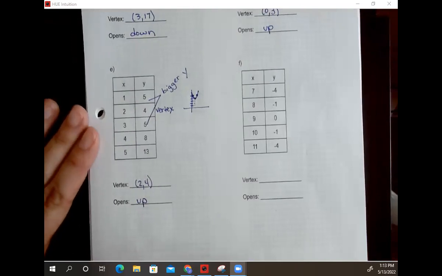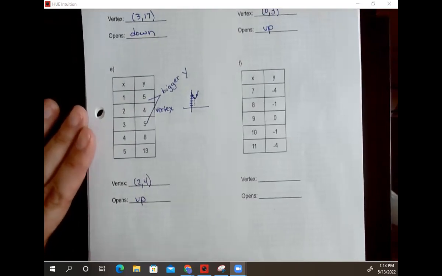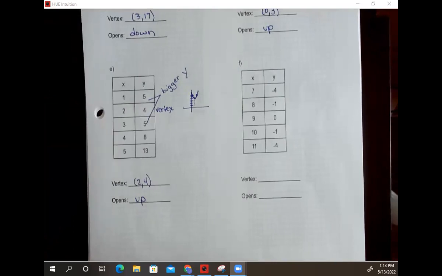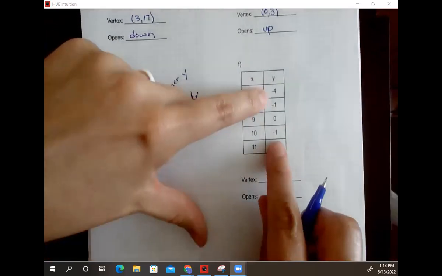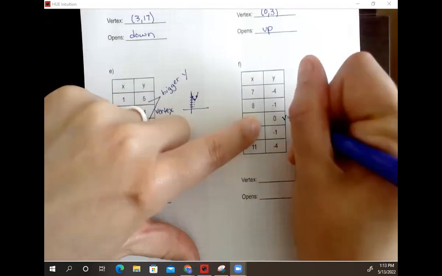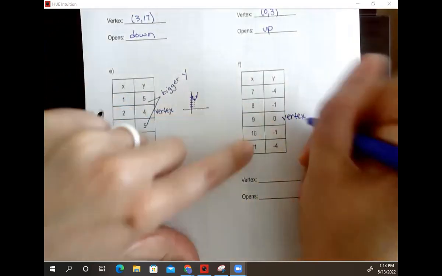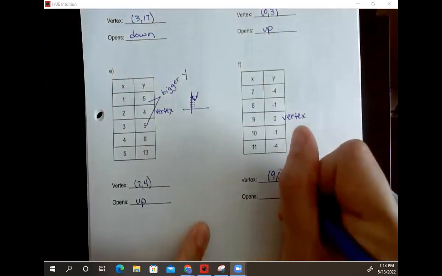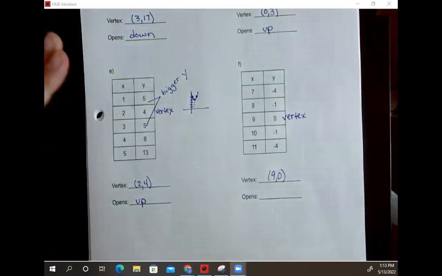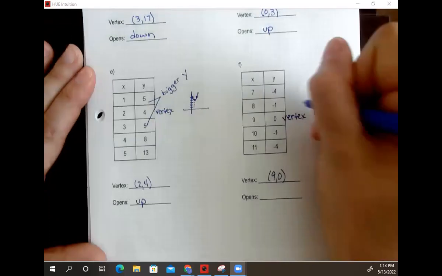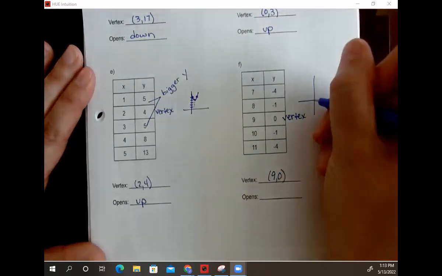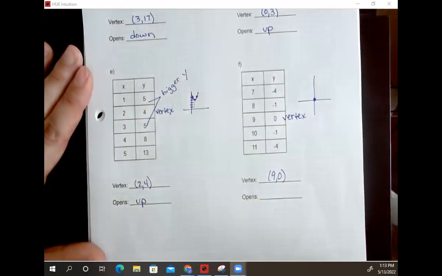For F, where's my vertex? Yeah, right here. Look for those repeat y's. Follow them to the middle. There's our vertex. So our vertex is the point 0.9, 0. And now if I think about where the vertex would go, it goes where the y is 0.